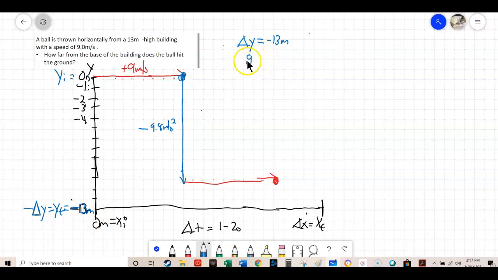It's going to have an acceleration in the y direction of negative 9.8 meters per second squared. I'm going to put negatives in front of that too, to keep me honest when I'm making my equations. All right. In the x direction, I'm going to use red.